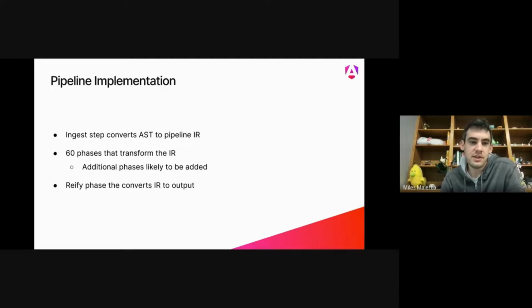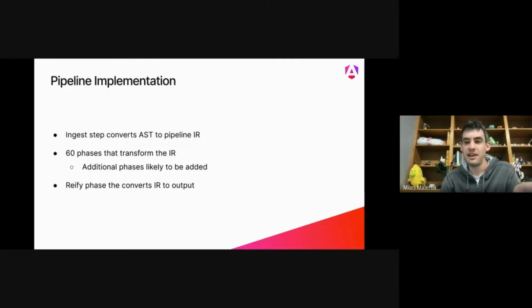It's structured as an initial ingest step that is technically not a phase, but you can think of it as the very first phase, that takes the parsed AST and converts it into this IR representation that we're going to be using.